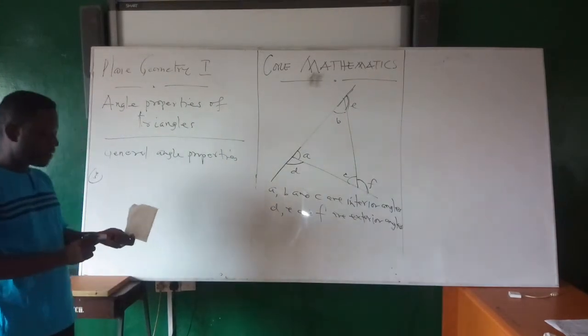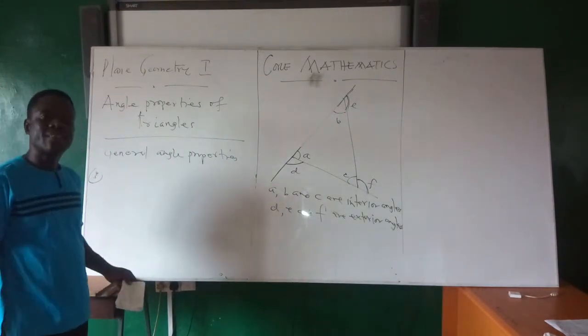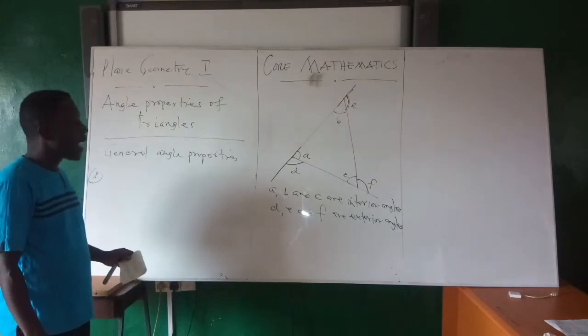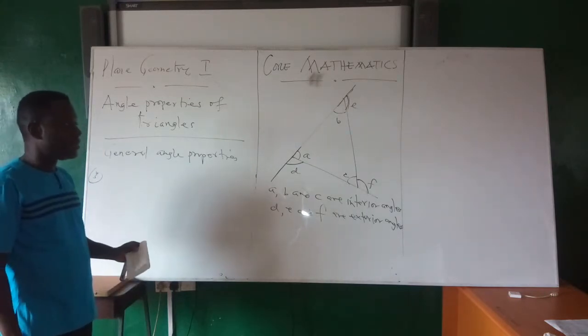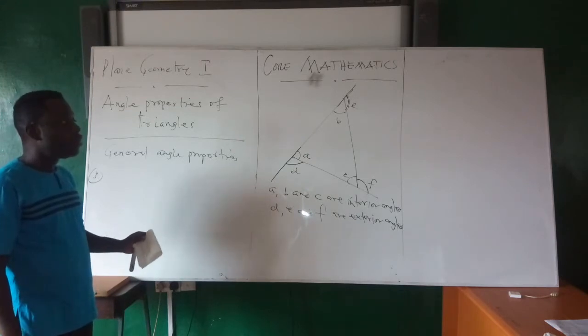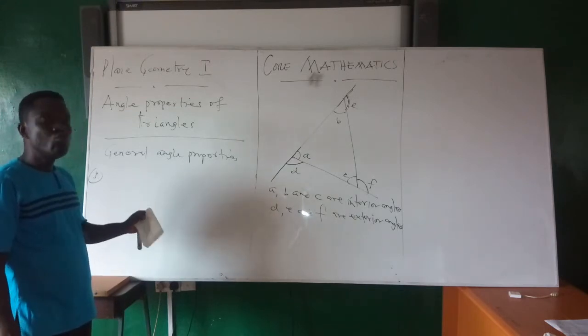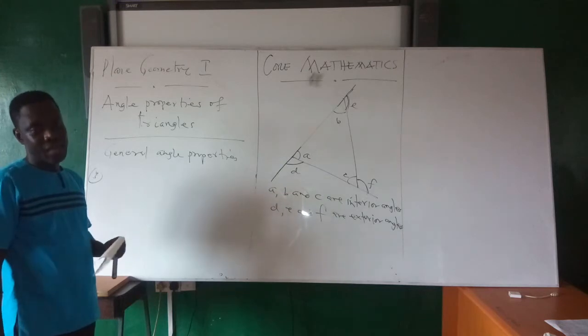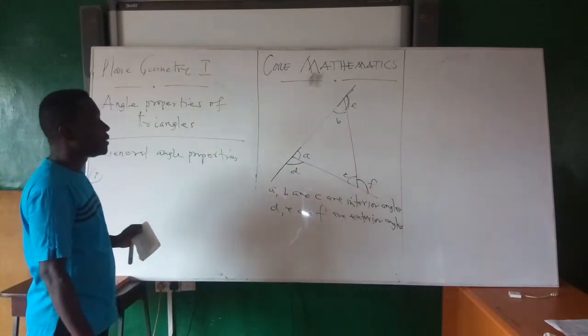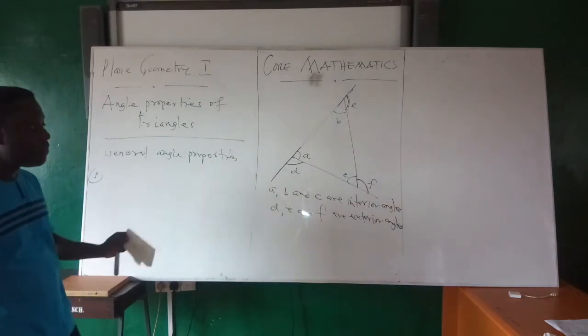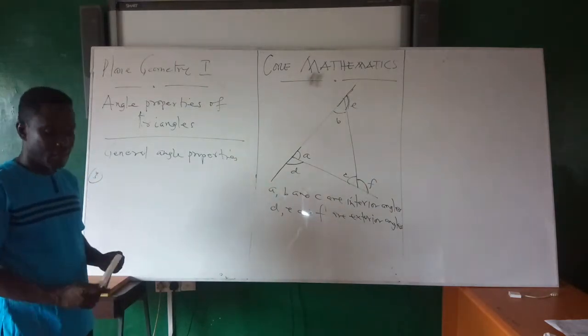The third one says an exterior angle of any triangle is equal to the sum of the two opposite interior angles. An exterior angle of any triangle is always equal to the sum of the two opposite interior angles.